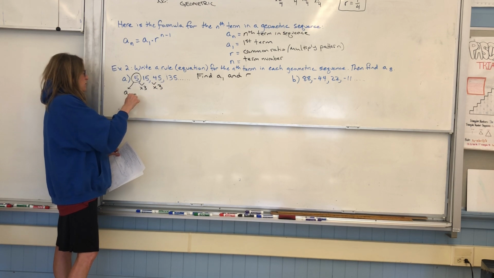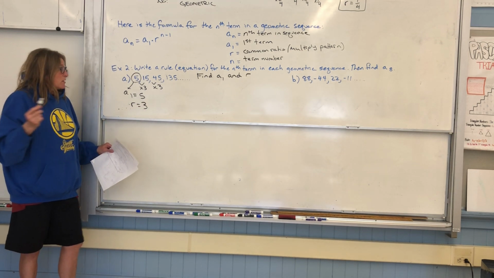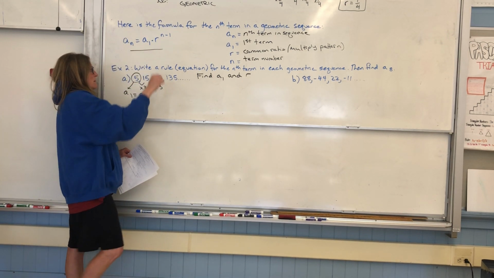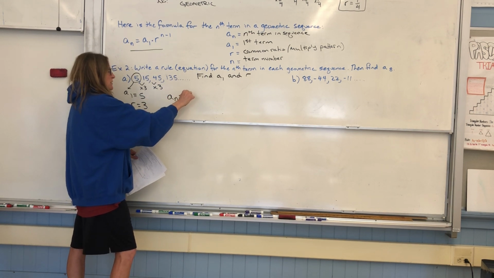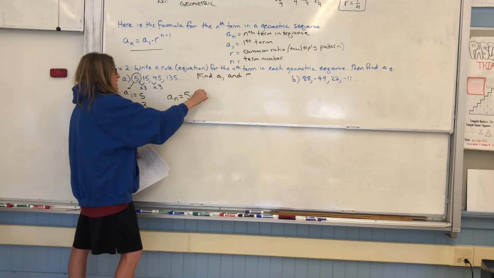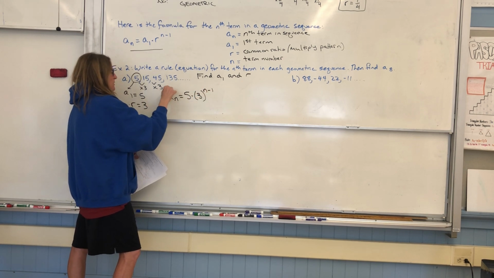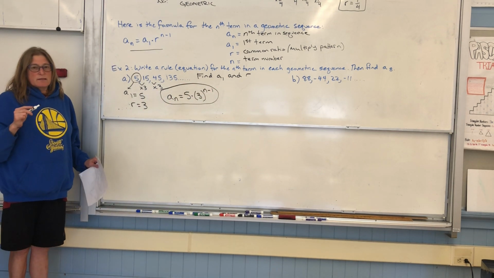So A1 equals 5, and R equals 3. So when I want to go and write my formula, I'm just going to use this. I'm going to say A sub n equals A1, which is 5, times R to the n minus 1. And there is my formula.